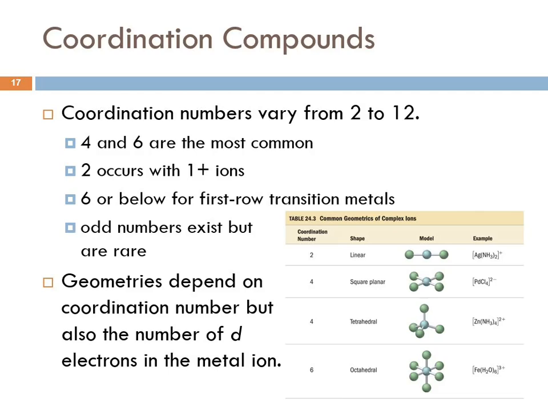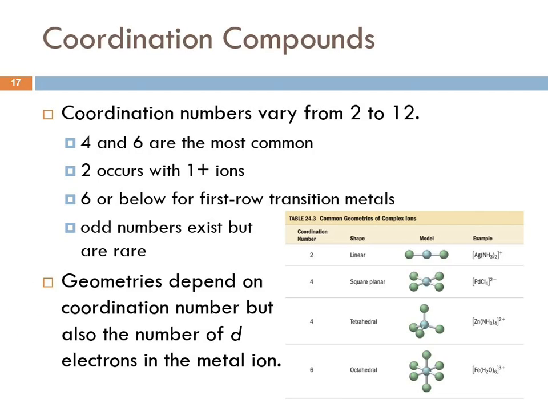It's not really going to be a coordination compound. So if we have 2, that's going to happen with the +1 ions only. For the first row transition metals, you're mostly going to see 6 or below, and those are the ones we're going to talk about the most. There are compounds with odd coordination numbers, but those are really rare, so we're going to ignore them.